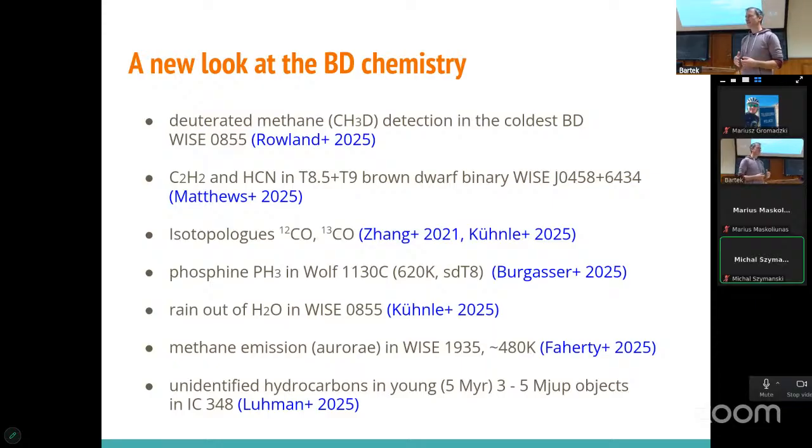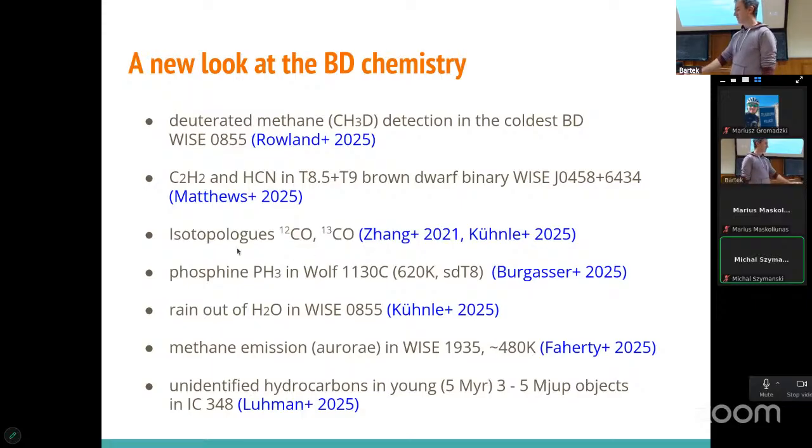Just a few years back, we could only start to discover them and see the overall bulk properties. And now we are entering the phase where we can study in detail the chemistry and all the fancy processes that are occurring there.